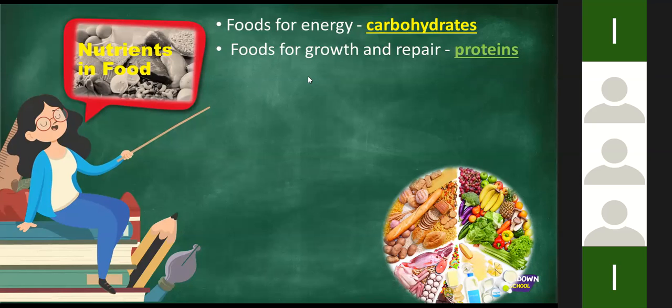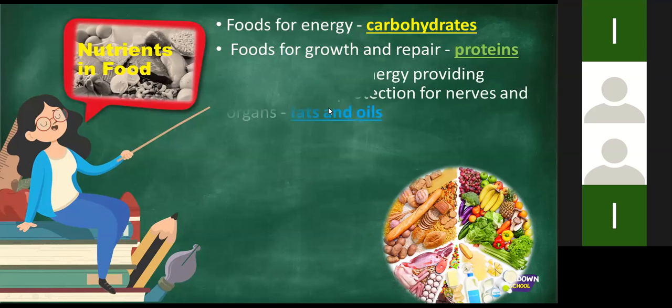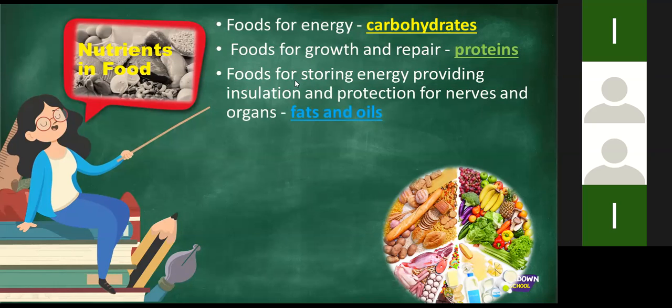So now we know that we've got two different food groups, carbohydrates and protein. All right, next one. Foods for storing energy, providing insulation and protection for the nerves and organs. Who can give me an example of some fats and oil?